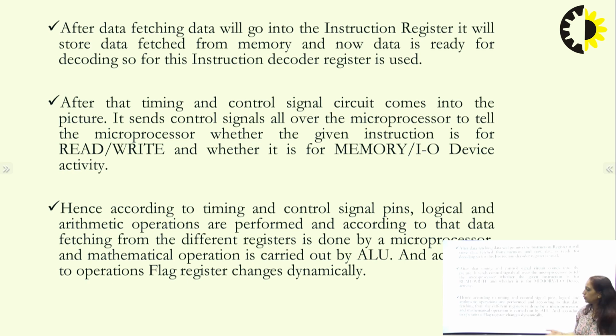According to the timing and control signals, the logical and arithmetic operations are performed, and the fetching from the different registers is done by the microprocessor. The mathematical operations are carried out by the ALU. We must remember that if you add two numbers, one data should be placed in the accumulator, and the other can be placed in memory or in any general purpose register, that is the B, C, D or E register.